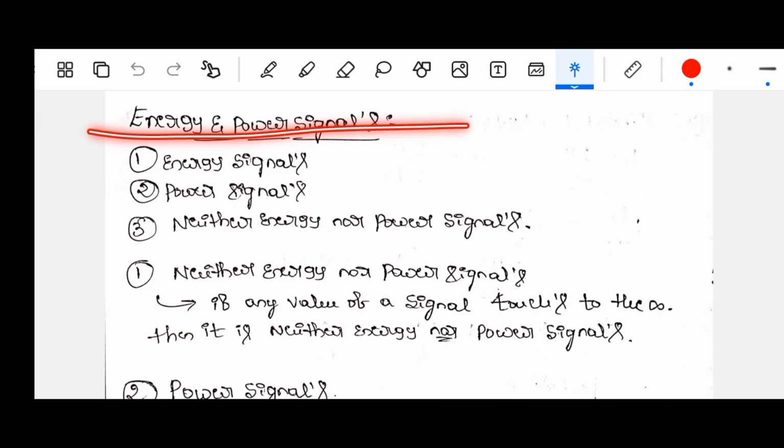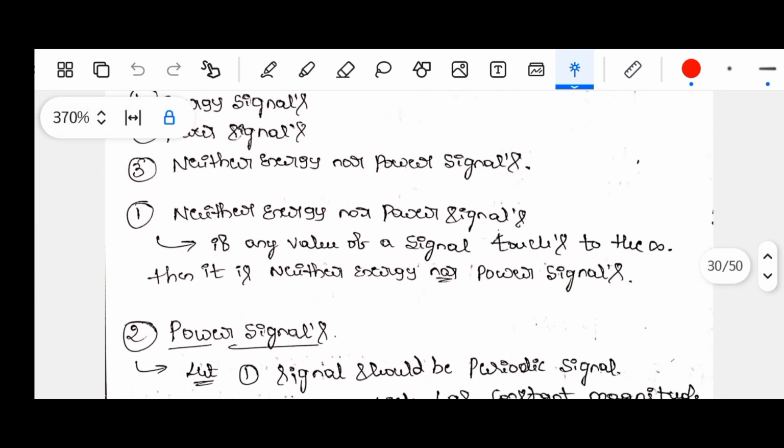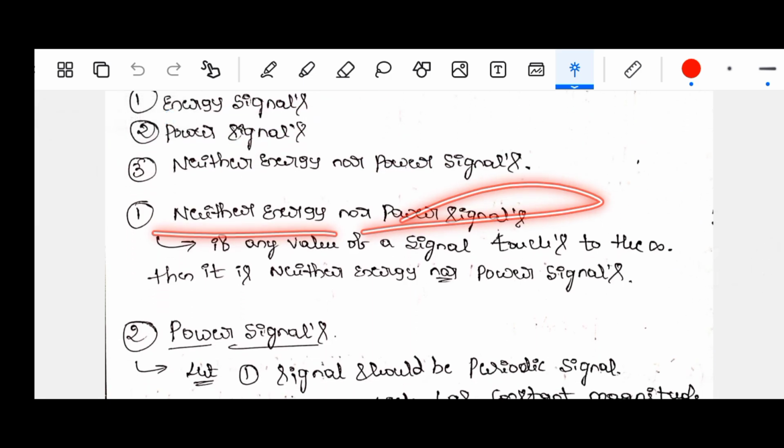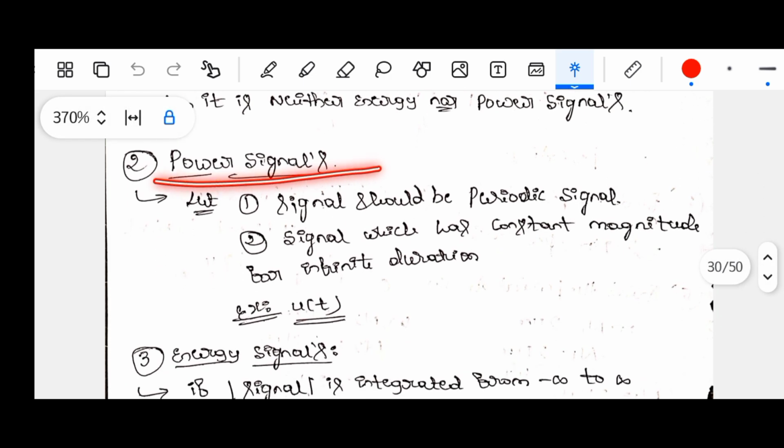We will discuss energy and power signals. There are mainly three types of signals: energy signal, power signal, and neither energy nor power signals. How to identify a neither energy nor power signal: if any value of a signal touches infinity, then that type of signal is called neither energy nor power signal. How do we find out that a given signal is a power signal? There are mainly two criteria.